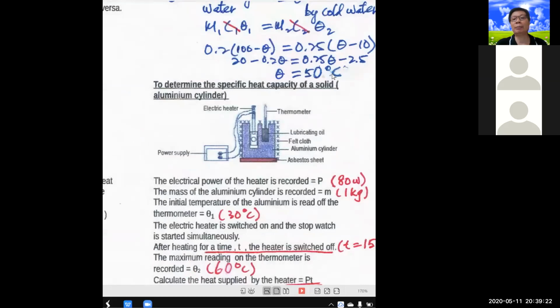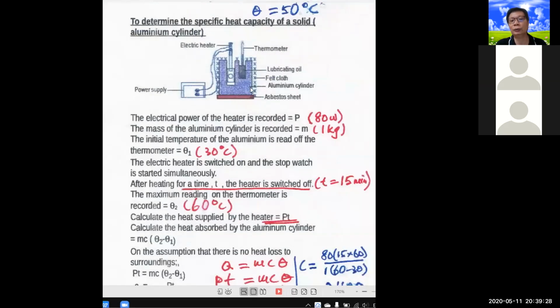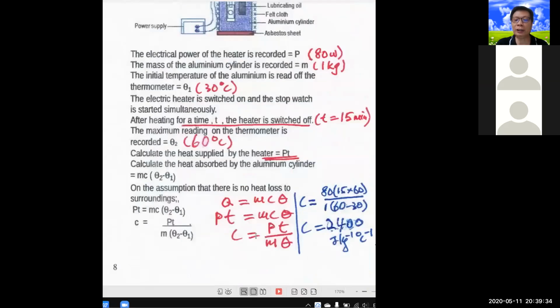Okay, this is an experiment to determine the specific heat capacity for aluminum, right? So you do it like this. Our calculation uses this formula, C equals Pt divided by m theta. Get the power, multiply by the time, divide by the mass of the aluminum, which is 1 kilo, and multiply by the change in temperature.